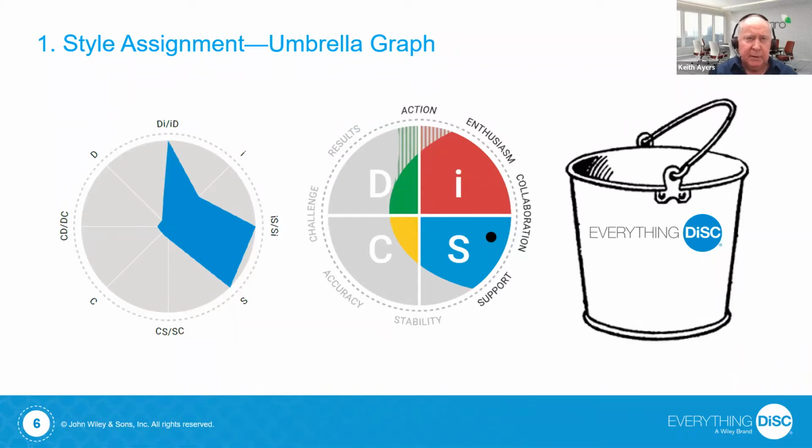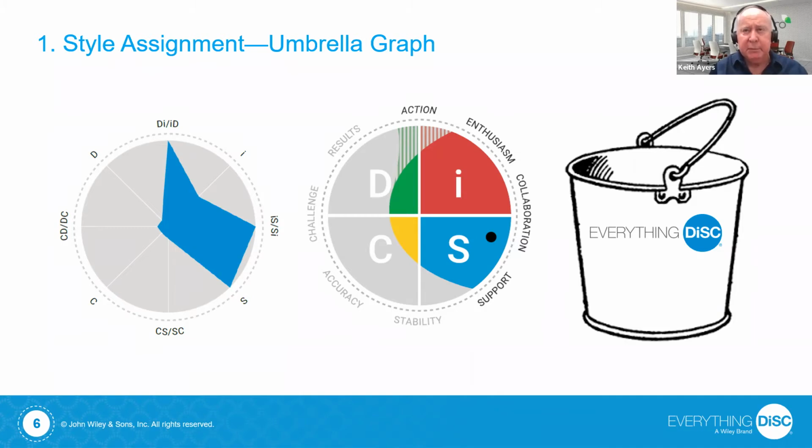The umbrella graph is an illustration of how you scored on each of the 8 scales. So you can see we've got D, I, S, and C scales, and then we've got 4 combination scales. When you answer the DiSC questionnaire, you're responding to items for each of those 8 scales, and your position on that scale is plotted based on your raw score.